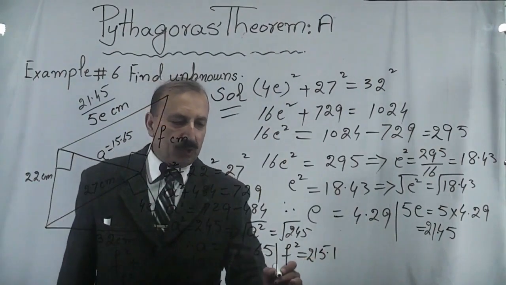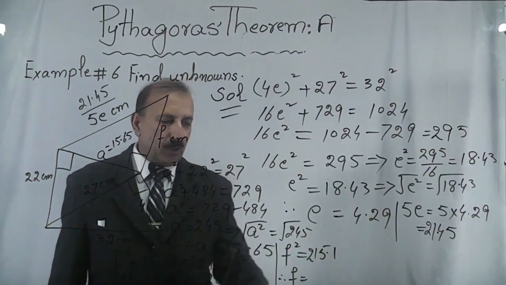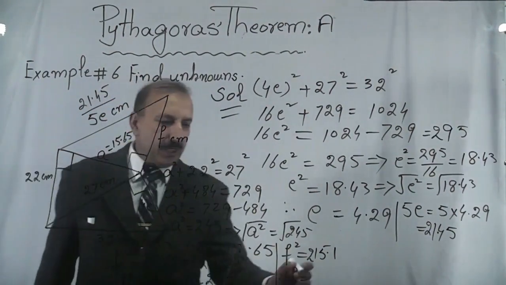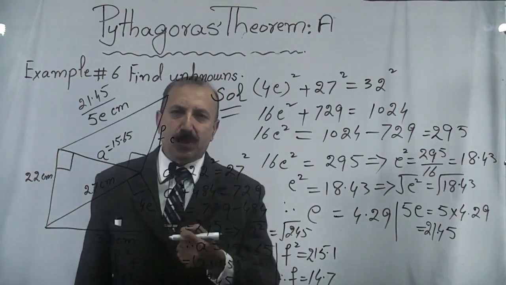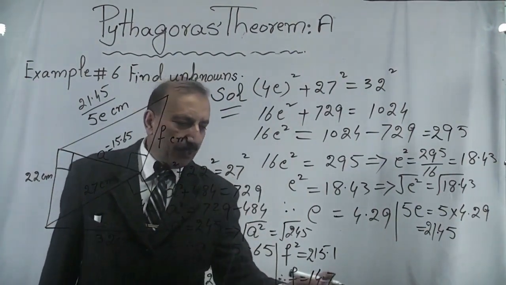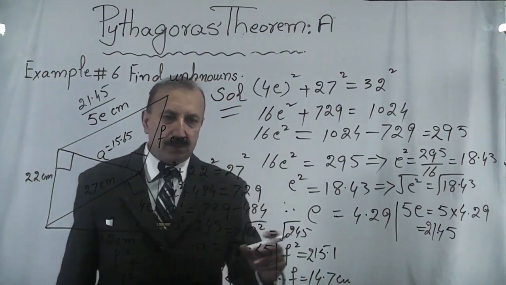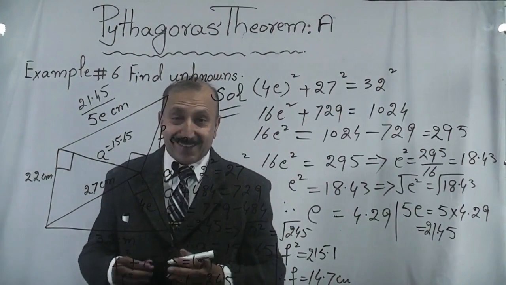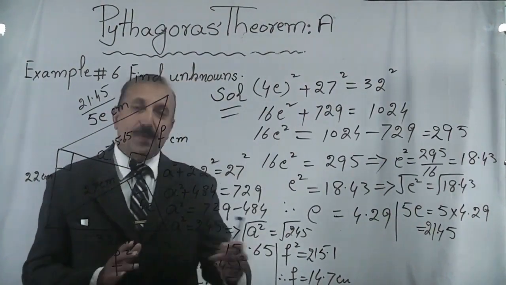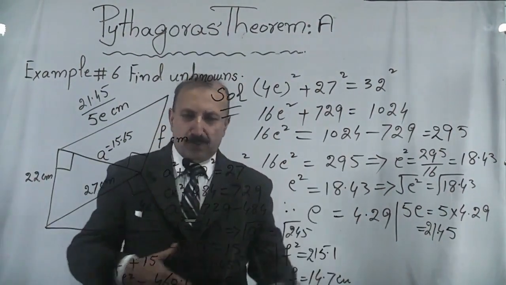Taking the square root on both sides, therefore f will be equal to the square root of this number, which is 14.7. It's 14.66 on the calculator. I have rounded this term here, 6 to 7. So my dear students, it's a little longer question with longer calculations.